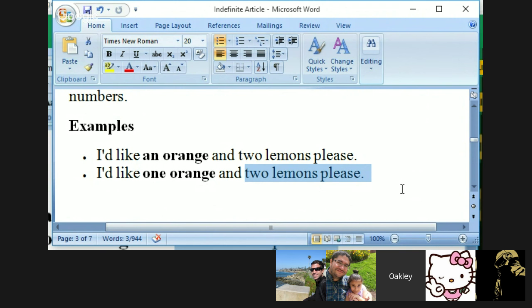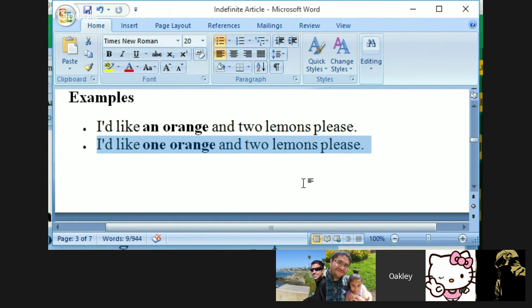I'd like one orange and two lemons, please. So this is fairly normal. It's not necessary. Both of these sentences are perfectly correct, but you would probably hear a native speaker actually use the number one when the point is that you're counting a couple of different things.